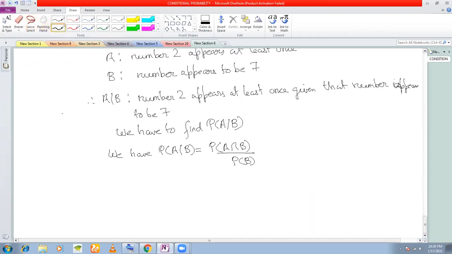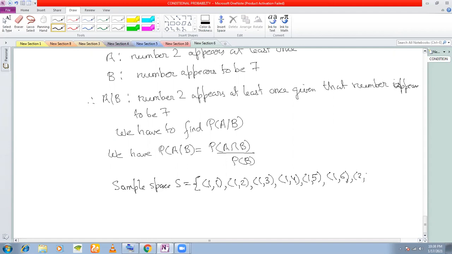So let's see, what is the sample space here? 2 dice are thrown, or one dice is thrown twice. So what are you going to get? You're going to get either 1 1 or 1 2 or 1 3, and so on, till 6 6.